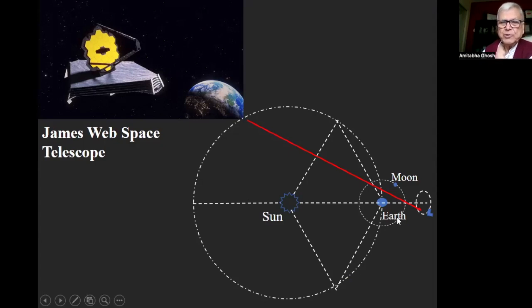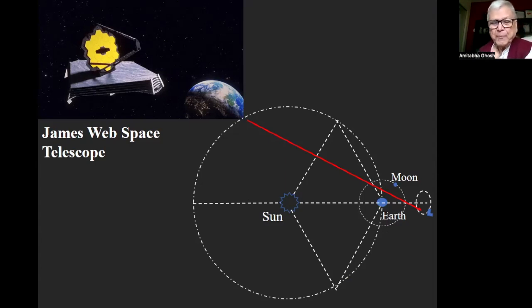So the relative positions change, but these Lagrangian points are such that the relative position with respect to earth, moon, etc. remains unchanged. So this is the place. This is the moon, and this is on the other side of the moon. This was placed at the Lagrangian point.